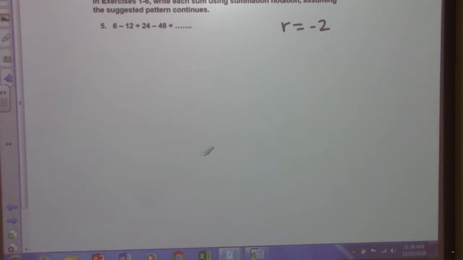And then it says summation notation. Well, remember we had this function, a sub n is going to be equal to our starting value times negative 2 to the power of n minus 1. You remember that from the formula chart, right?